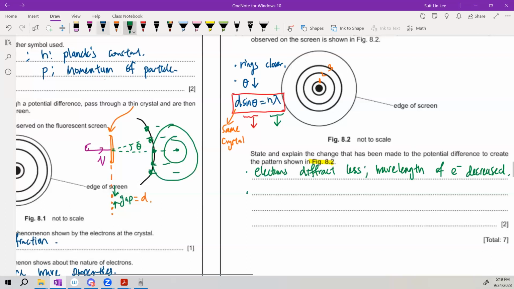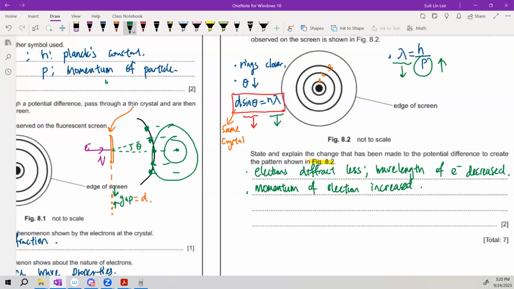So what can cause the wavelength to decrease? Now I need to bring in my formula: lambda equals h over p. If I want lambda to decrease, I need my momentum to increase. So the momentum of the electron increased.